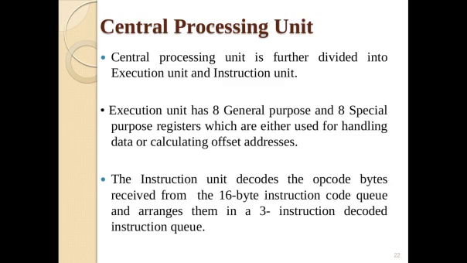The instruction unit decodes the opcode bytes received from the 16-byte instruction code queue and arranges them in a 3 instruction decoded instruction queue. So the use of the instruction unit is to decode the received instruction and store it in the next queue.